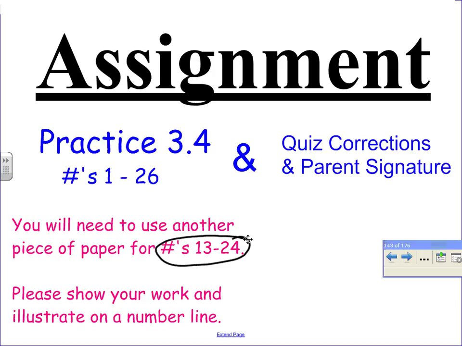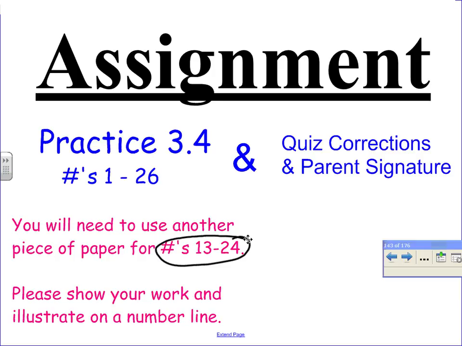Adam, do you hear me? Briar, you heard me, right? Donatus, did you hear me? What did I say? Okay, good. 13 to 24 are the only ones you need another piece of paper for. Everything else you can do right on the worksheet, unless you prefer to write all of it on another piece of paper.